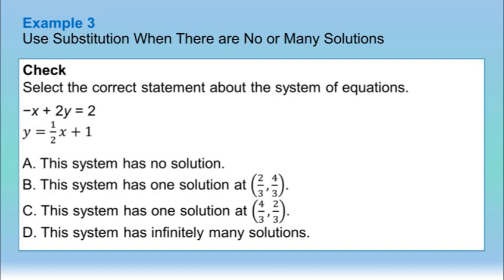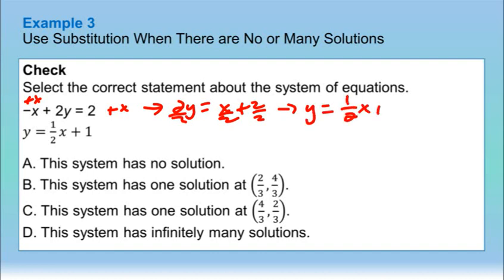Next, select the correct statement about the system of equations here. If I were to add x to both sides, I would now have 2y equaling x plus 2, and then divide by 2. I would now have y equals 1/2 x plus 1.